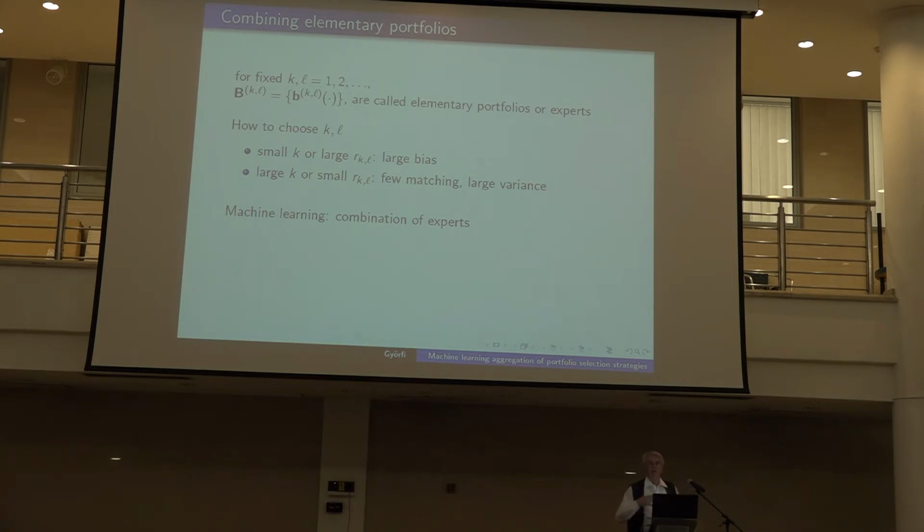In statistics and related areas, the traditional idea is to find K and L, somehow match the data to K and L, or the other way around, find a data-dependent window size and radius.